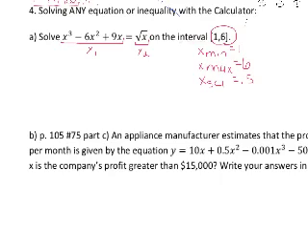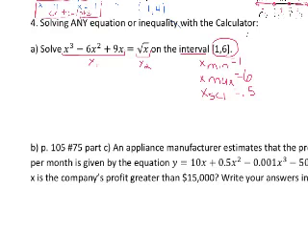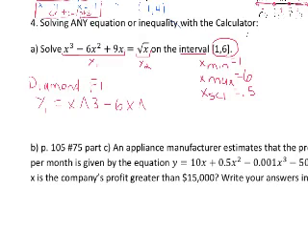Okay, so on the 89, what you're going to do is hit the diamond key and then the F1 button. So diamond and then F1, and you're going to get enter y1 equals x caret 3 minus 6 x caret 2 plus 9x.